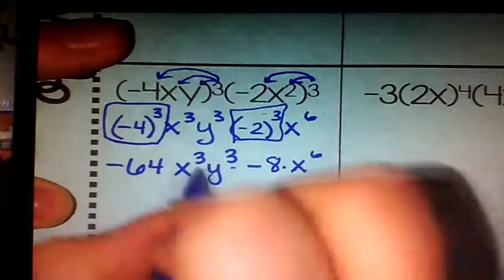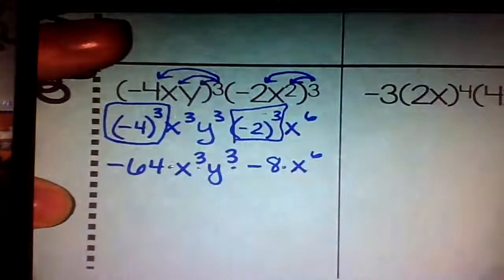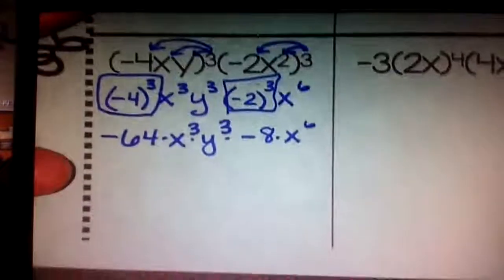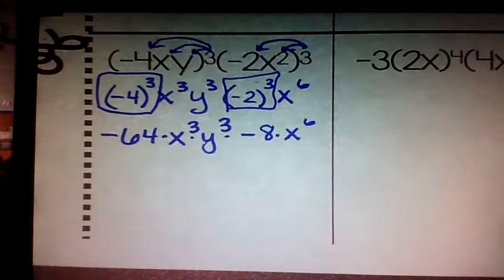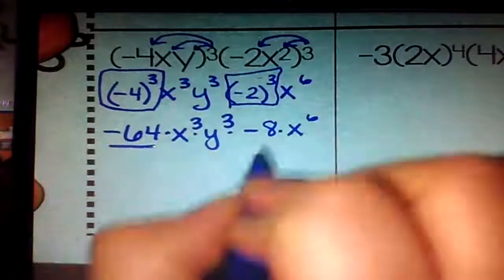Okay, so now I'm multiplying all these together. It's a long process. I like it. I know you're being sarcastic, but I like it. This one is hard. Okay, now what? Now we need to multiply negative 64 times negative 8.